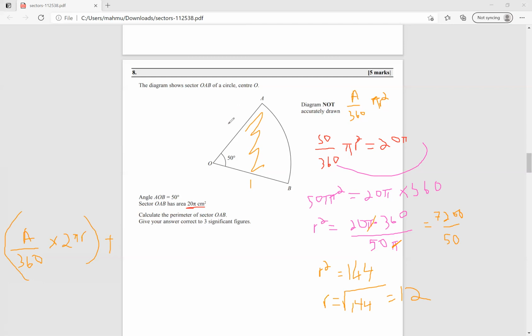And we know that r is now 12, so we just add 2 times 12. Now I know my angle here is 50. I'll just change the A to 50, put this into a calculator, and the perimeter should be 34.5.